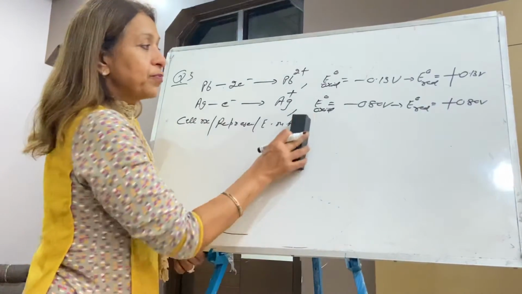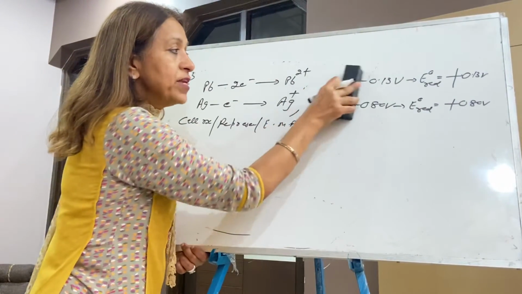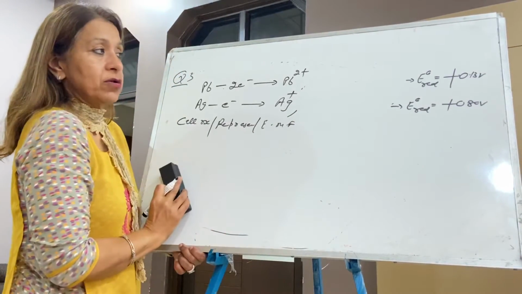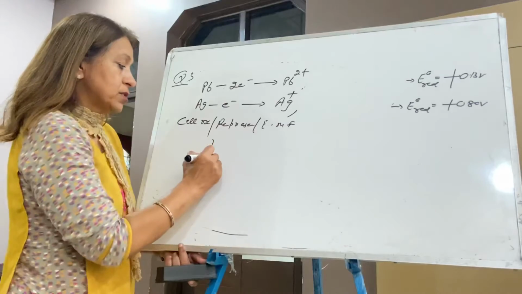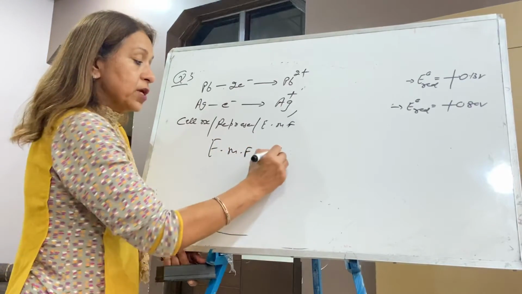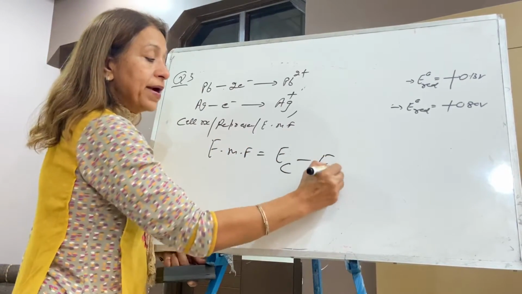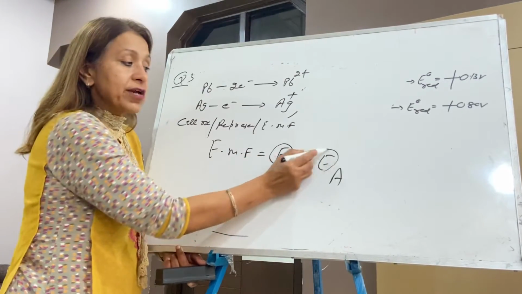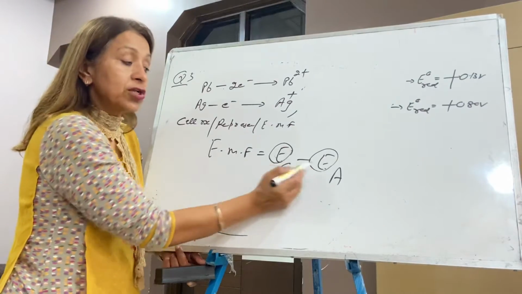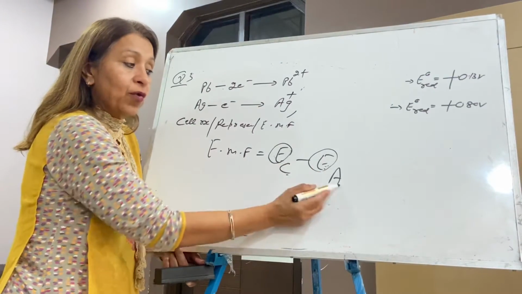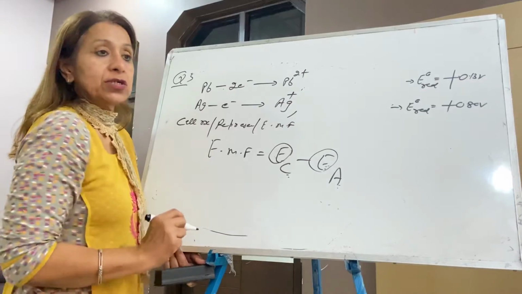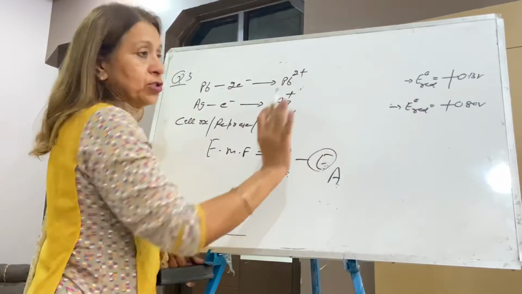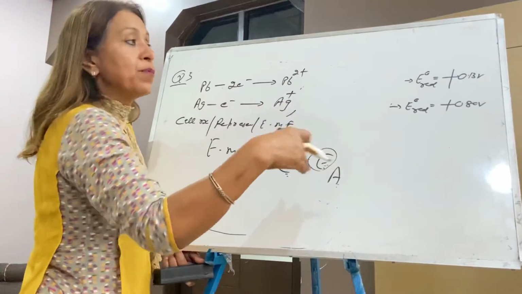Remember students, there is no meaning of these two values as oxidation potentials, because your formula is EMF is equal to E cathode minus E anode, and this E stands for reduction. It's the reduction potentials of both cathode and anode, never oxidation potential. So you first converted oxidation to reduction. This is one step more.